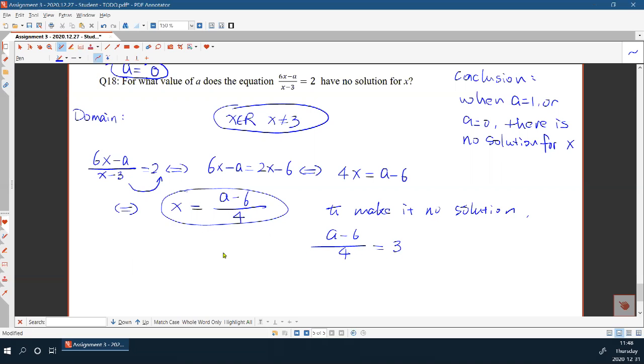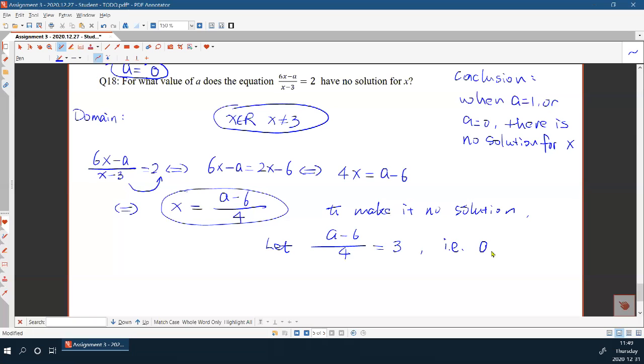When this value is 3, that means your solution is x equals 3, which is contradictory to the domain. So in this case, there is no solution. So to make it no solution, let this value be 3.